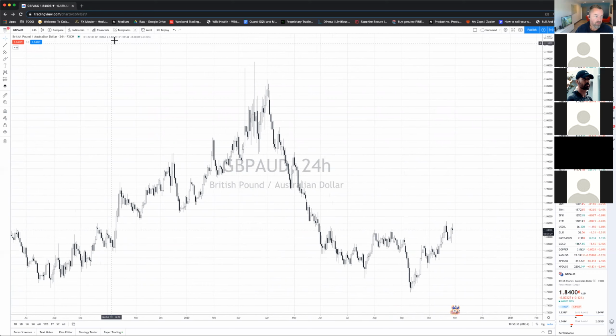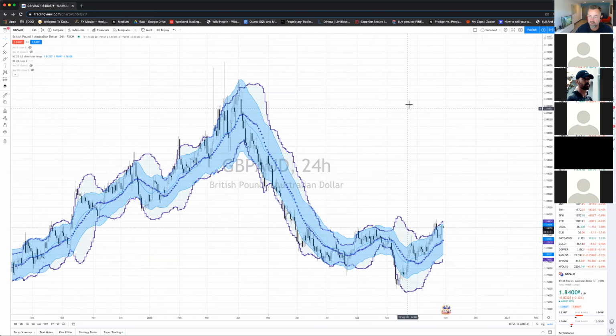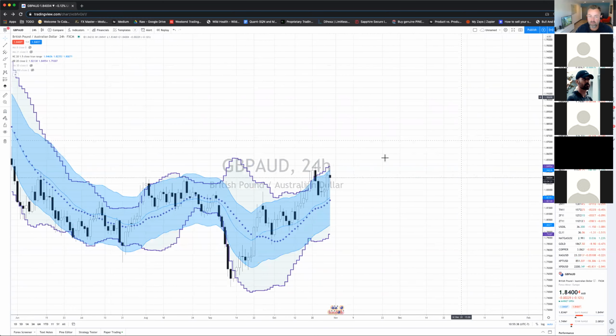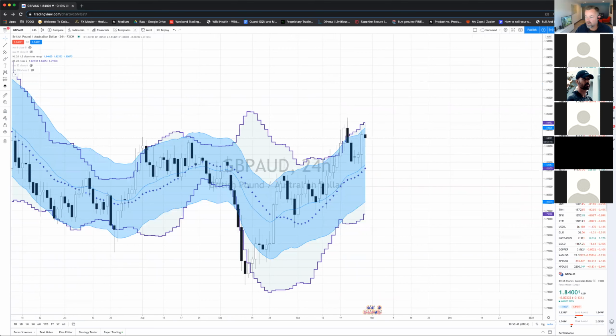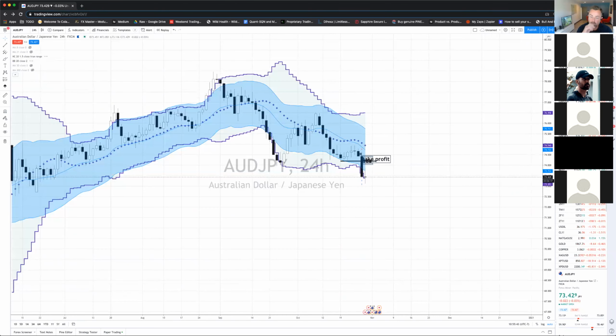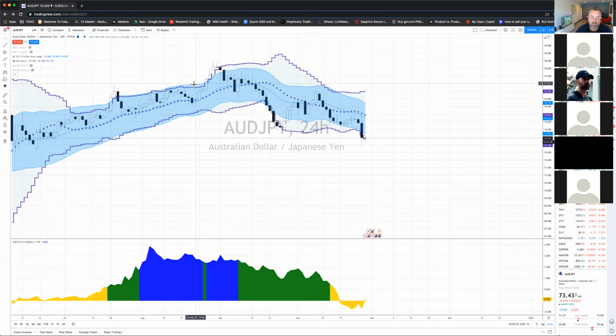Let's see what we got on failed vol breakouts, because we do have failed vol breakouts on the yen pairs. So let's get those dialed up and have a look at what's showing up today. Aussie yen, remove drawings. Aussie yen actually has neutral.